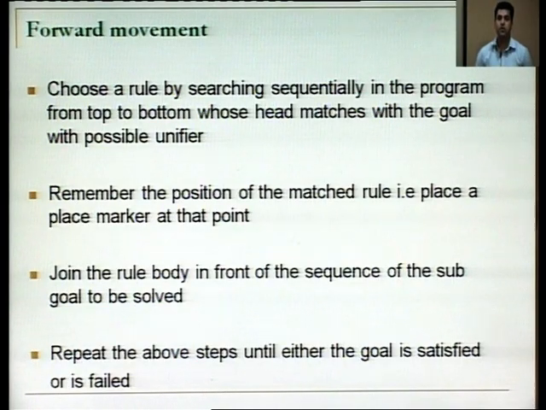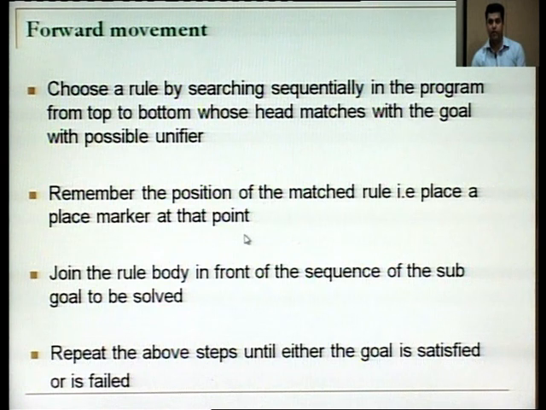What is it? Choose a rule by searching sequentially, meaning one by one in the program from top to bottom, whose head matches with the goal with possible unifier. Remember the position of the matched rule, that is, place a place marker at that point.